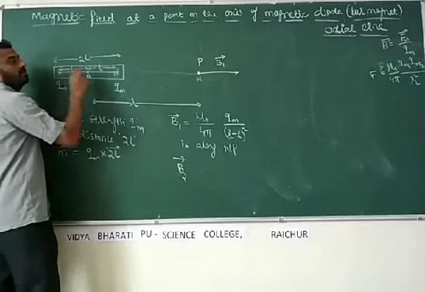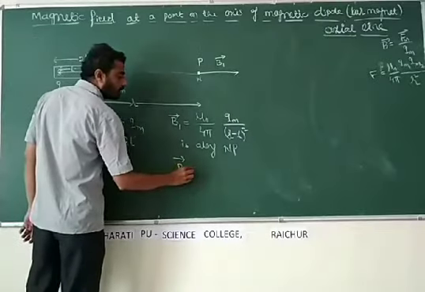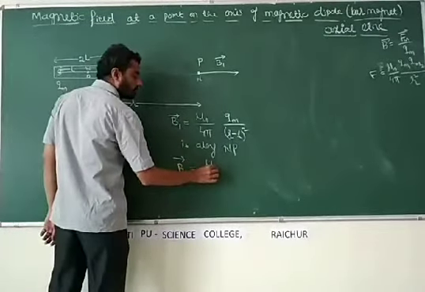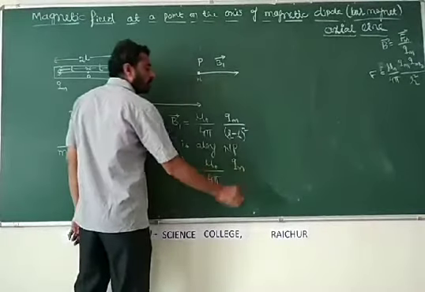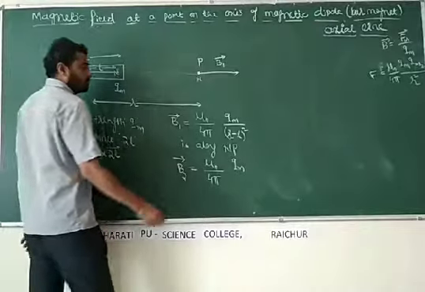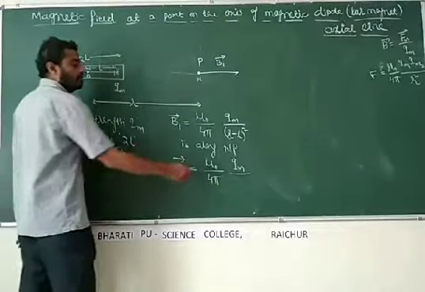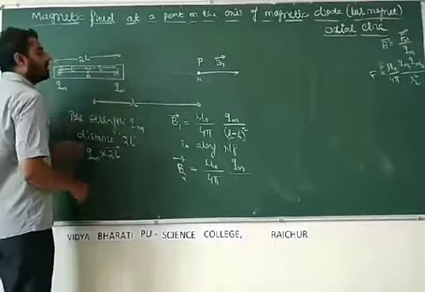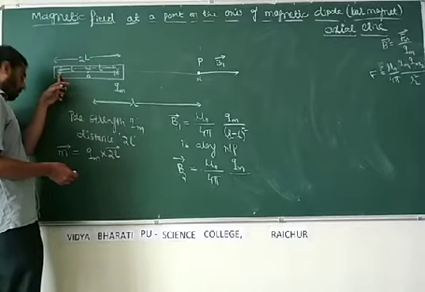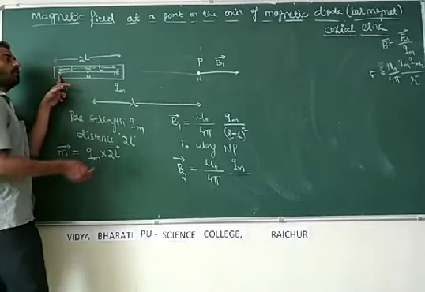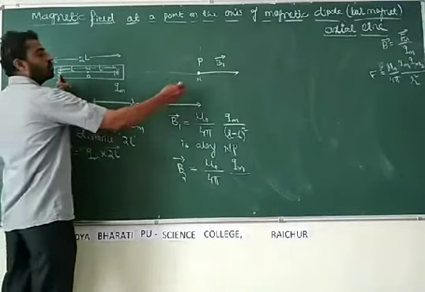When this north pole is repelling this test north pole, at the same time this south pole is attracting, and the field due to the south pole at point P is given by B2 equal to mu naught by 4 pi. Both the poles of a bar magnet are of the same strength, Qm, divided by the square of the distance. Now we have to take the distance between the south pole of this bar magnet and the point of observation where the field is to be found.